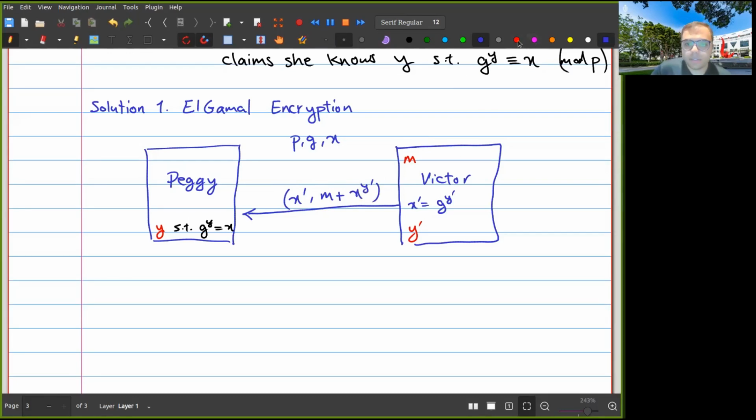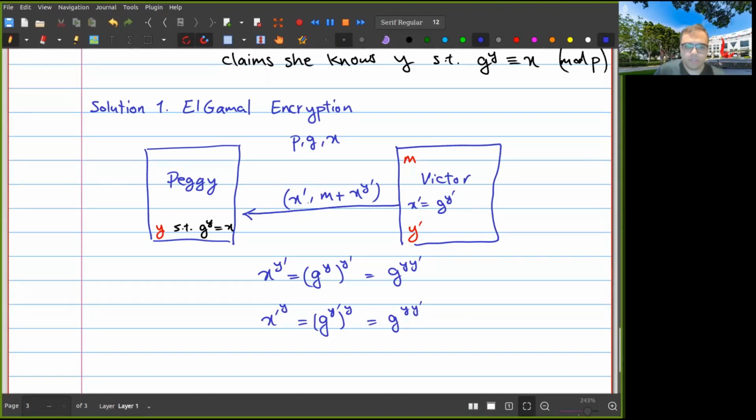Right. So here the idea was that if you do the calculation, X to the power of Y prime is basically G to the power of Y to the power of Y prime, which is G to the power of Y Y prime. And it's also equal to X prime to the power of Y, because X prime to the power of Y is G to the power of Y prime to the power of Y, which is G to the power of Y Y prime.